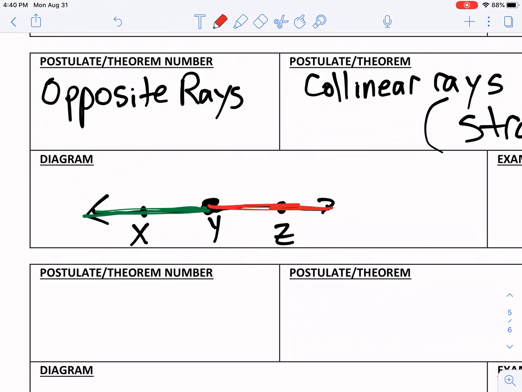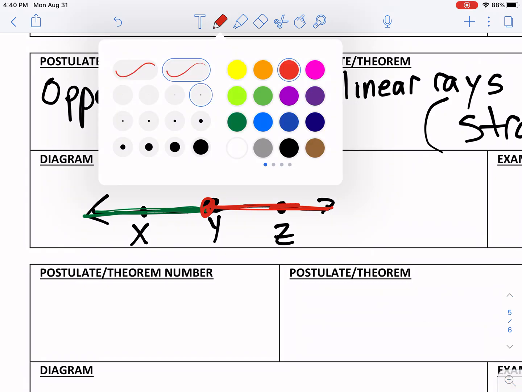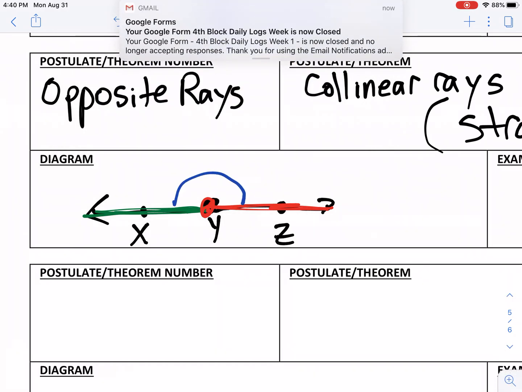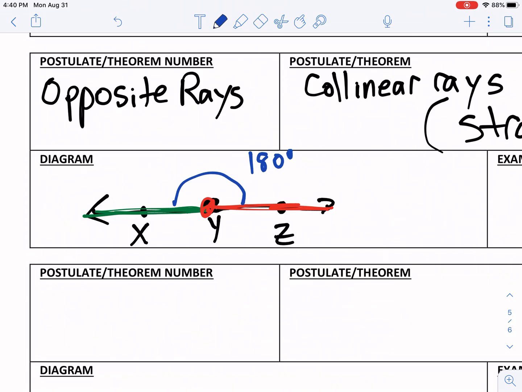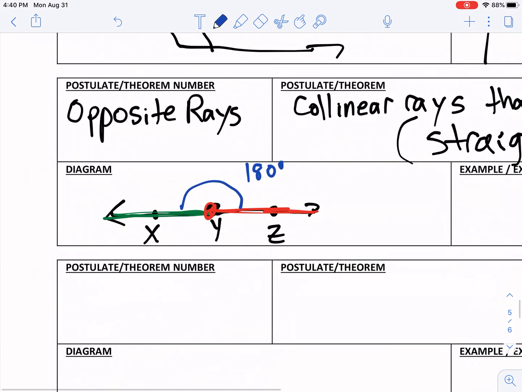So they're opposite rays that share this endpoint. They form a straight line or a straight angle. So the measure of this angle is 180 degrees. So that would be the opposite rays, the straight angle.